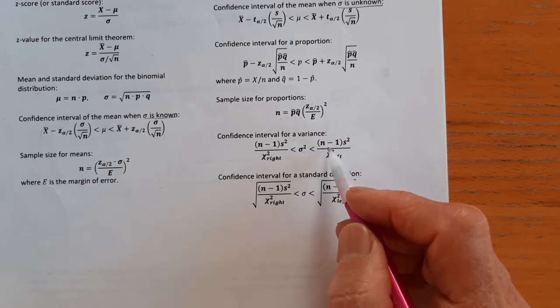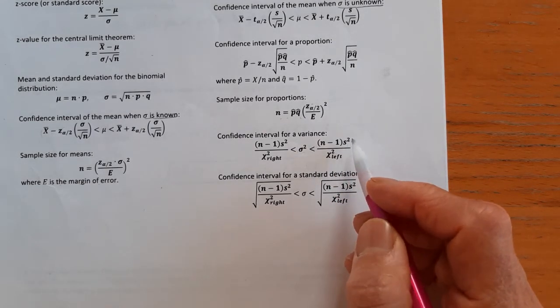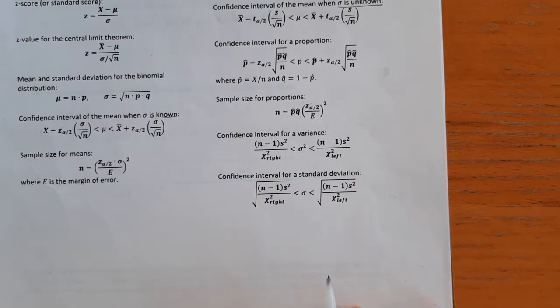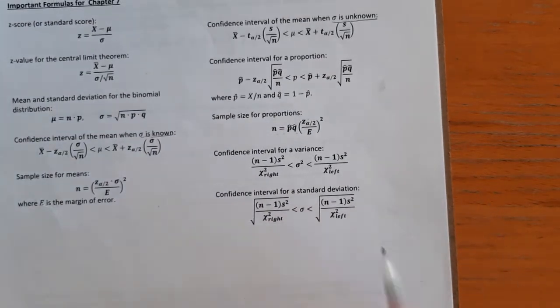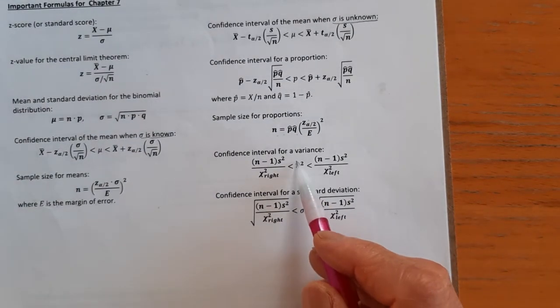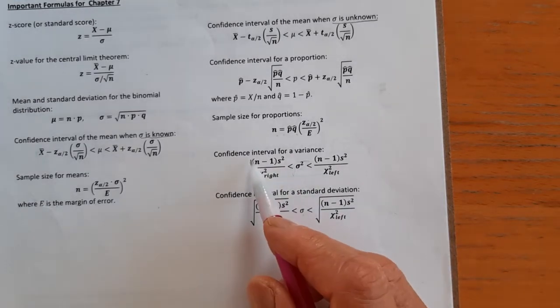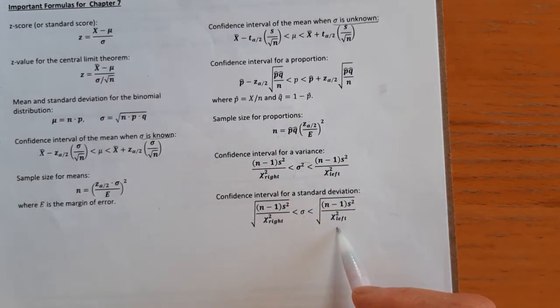The other side is less than degrees of freedom times sample variance s squared over chi square left. And the confidence interval for standard deviation is just take the square root. Sigma squared take square root is sigma. Left side take square root, right side take square root, that is the standard deviation.